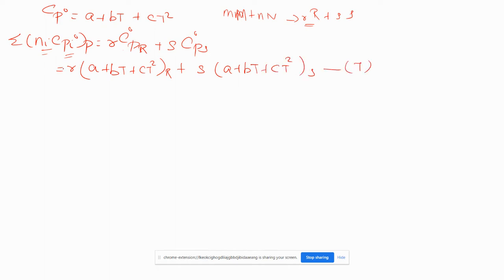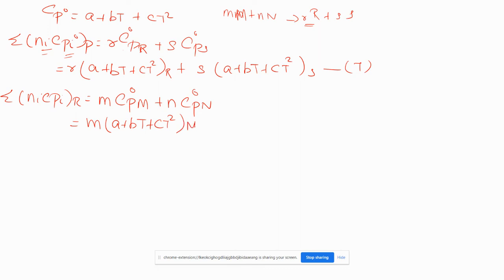This is equation 7. Same way, sigma of Ni Cpi of reactant had been written as M Cp naught M plus N Cp naught N. So this again can be written as M into A plus Bt plus Ct square of M, plus N into A plus Bt plus Ct square of N. This is equation 8.